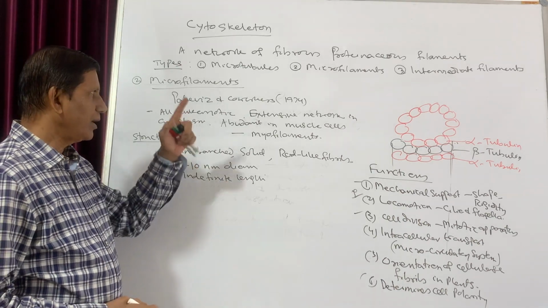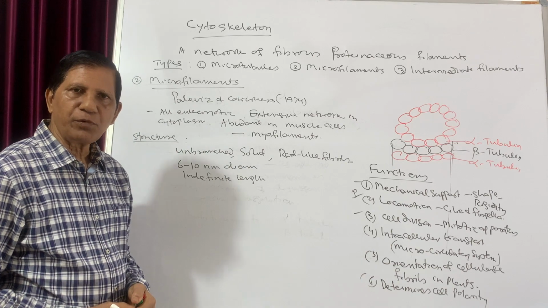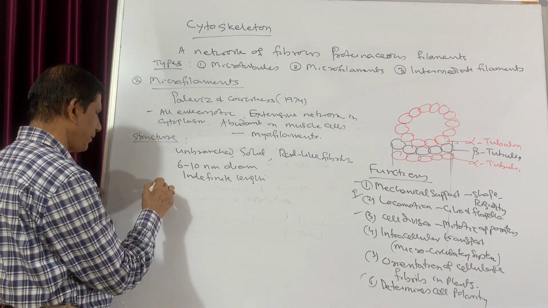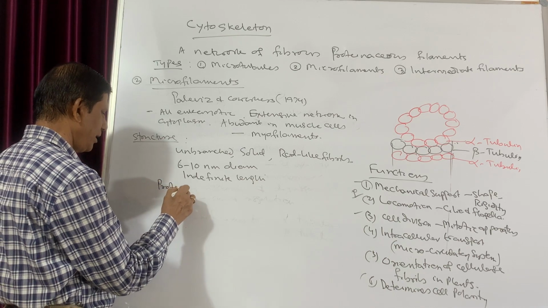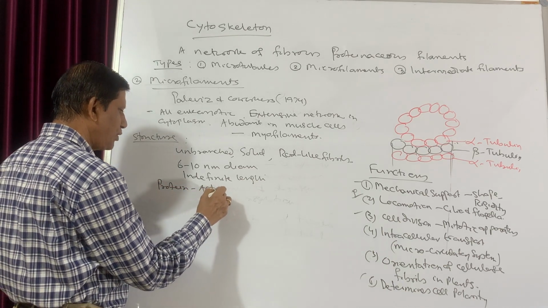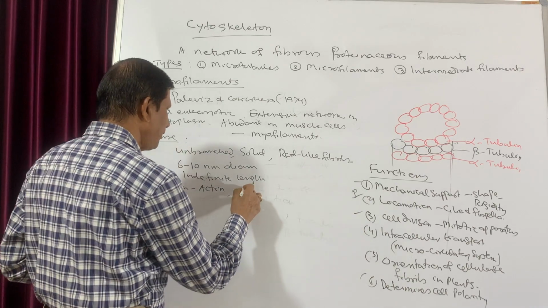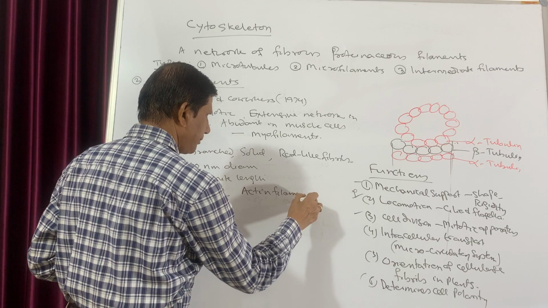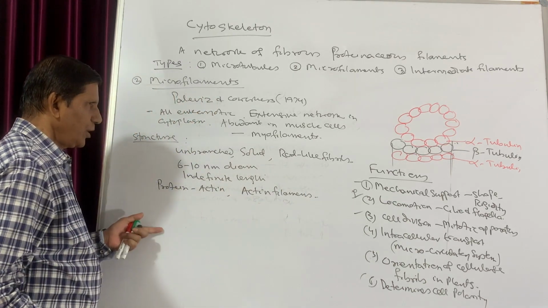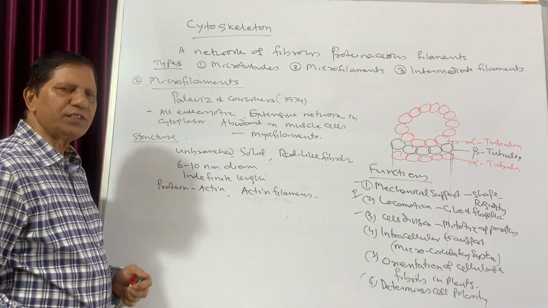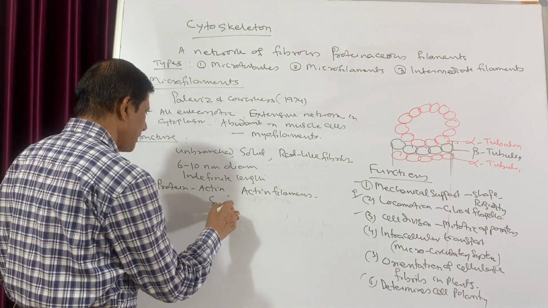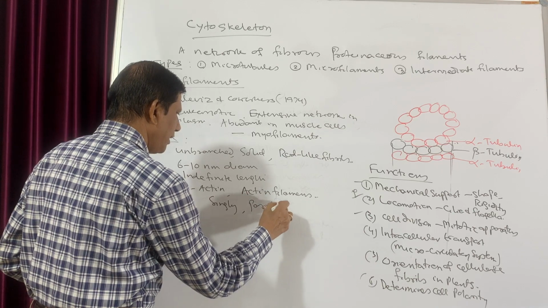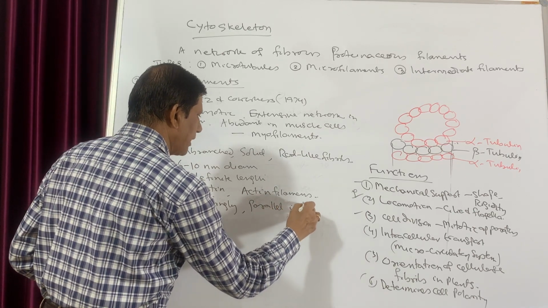So mark the difference. Both are unbranched, but that is hollow, this is solid. That is cylindrical, this is rod-like. That is around 25 nanometer in diameter, but this is 6 to 10. And that is 0.2 to 25 micrometer in length, but this is indefinite length. The microtubules are made of protein tubulin, while these are made of protein actin. That is why sometimes these are also known as actin filaments. These actin filaments may be present either singly or parallel in bundles.